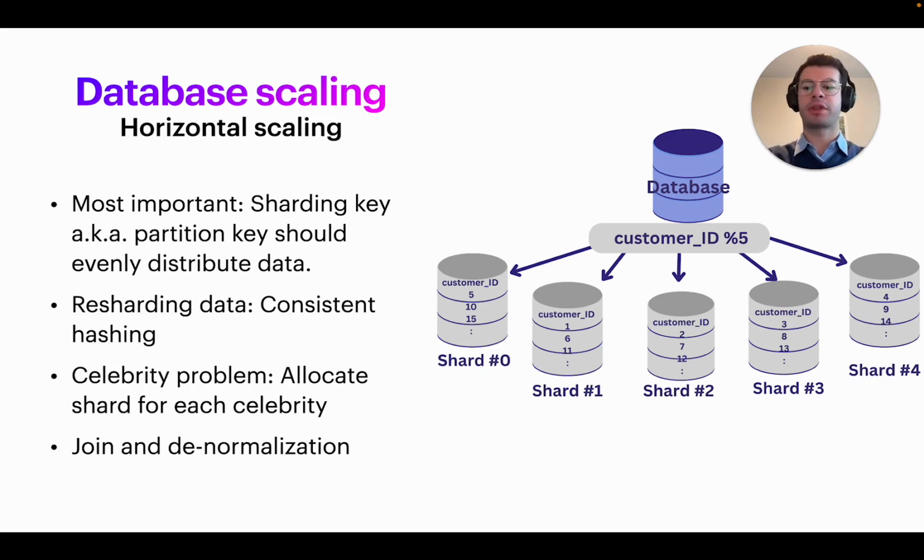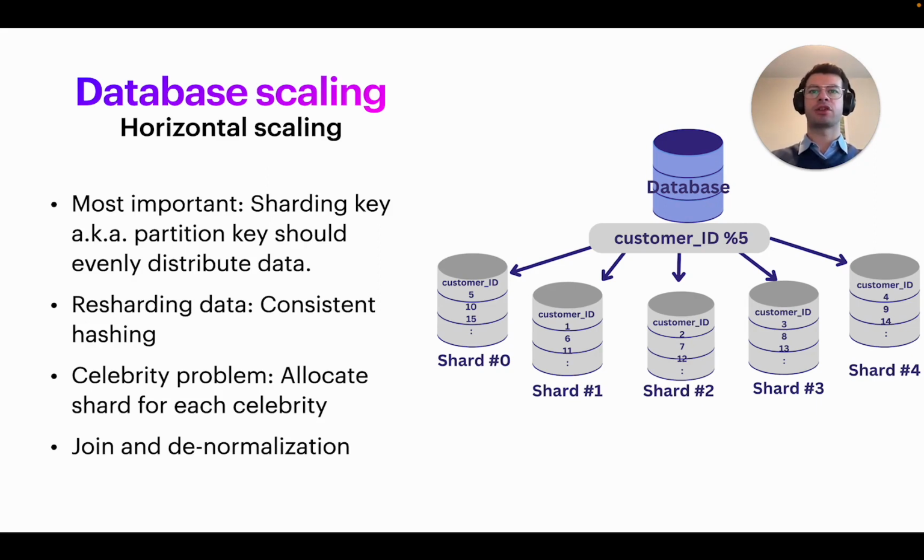We also have the celebrity problem, also called the hotspot key problem. Excessive access to a specific shard could cause server overload. Imagine on Twitter or X, you have Kim Kardashian and maybe not Donald Trump these days, but Elon Musk on the same shard. That shard will be overwhelmed by read operations.